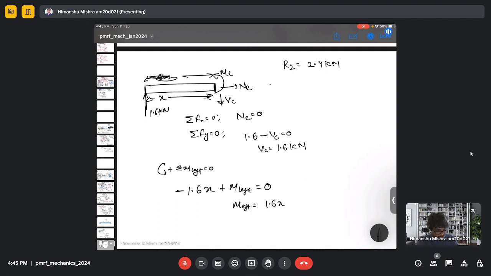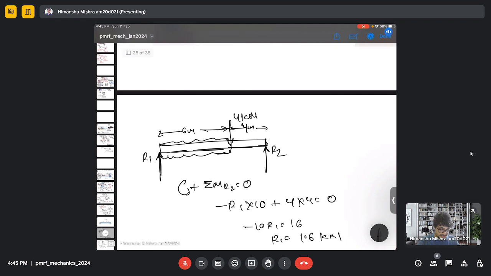And it will be 1.6x because I am considering the x distance, because I want to write my bending moment in terms of x. So by considering x, I am actually cutting the part which is some x distance, not exactly at this point, but at some x distance.